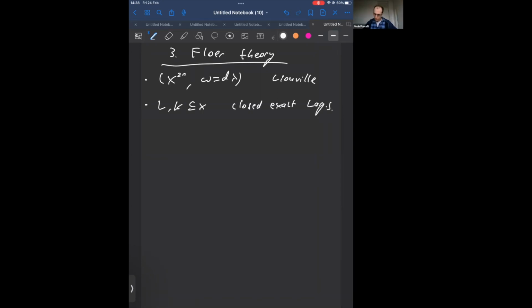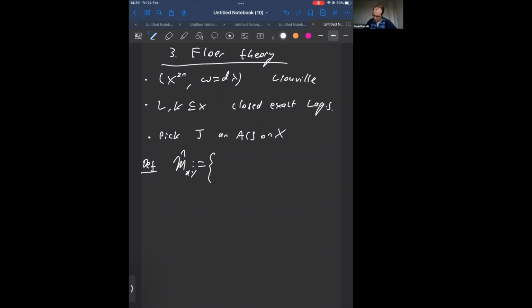What we normally do is pick some almost complex structure J on X, compatible with omega and sufficiently nice outside of compact subsets, as always. Then we consider some moduli spaces of holomorphic curves. I'll write M hat XY, where the hat means uncompactified so far.